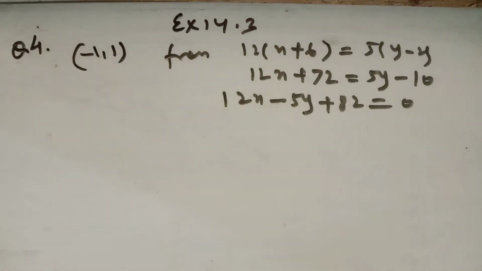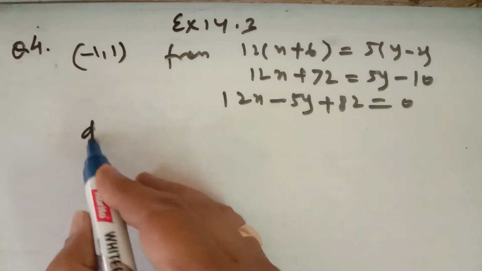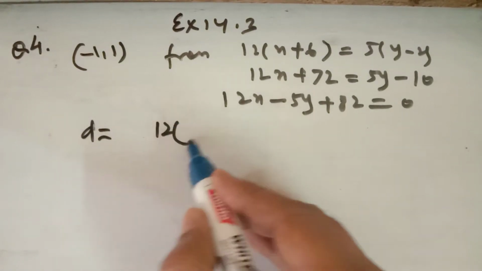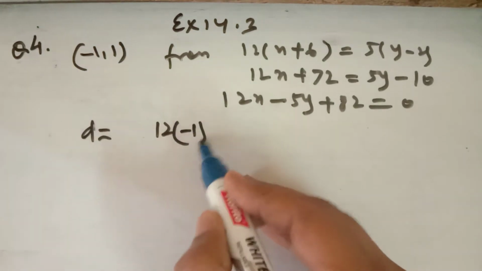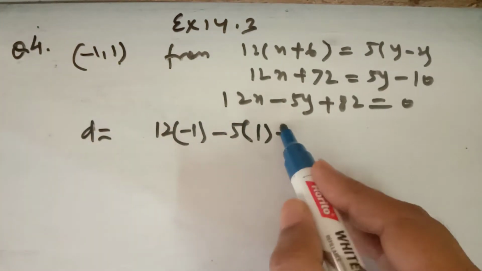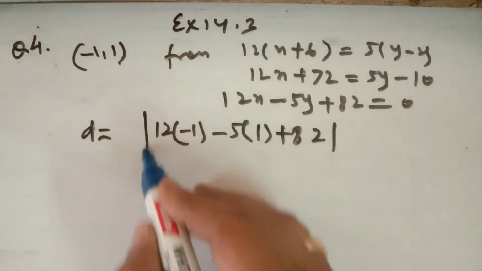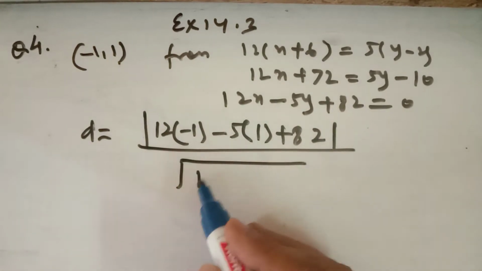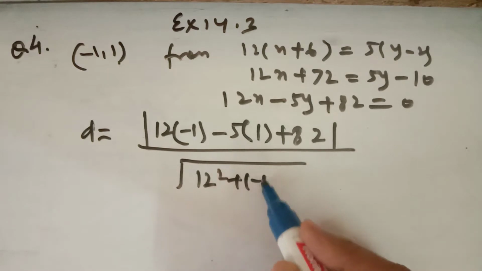Now because you have to find the distance of this point from the given line, we know the formula: the distance is the modulus of a times x1, where x1 is -1, plus b times y1, where y1 is 1, plus c, upon the square root of a square plus b square.